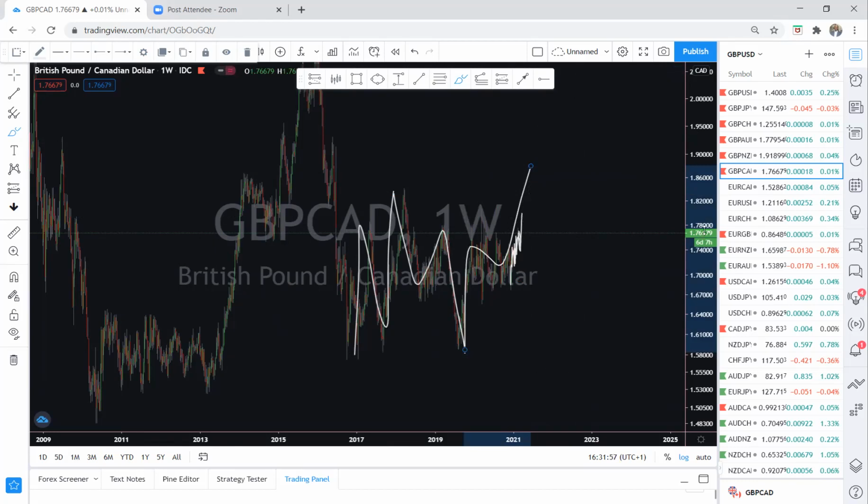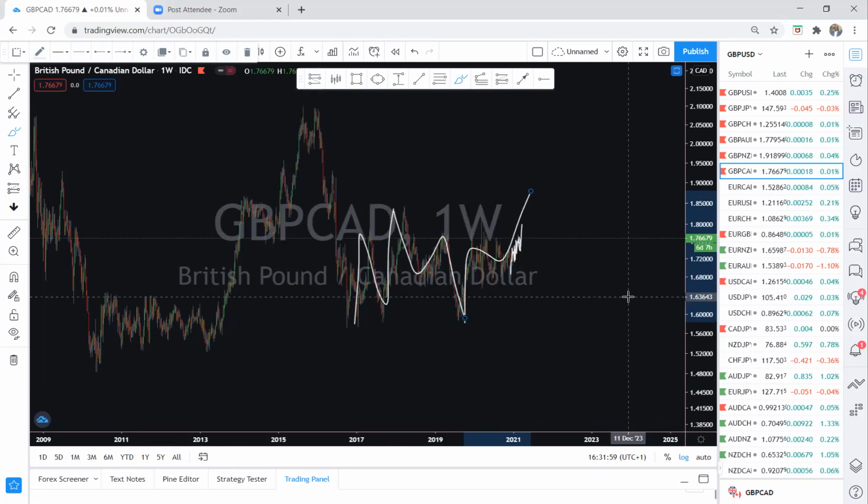Remember, for people that have little or no knowledge of Elliott wave theory, when a 3-wave pullback against the trend happens after an impulse, it is W. When 3 waves happen in the direction of the impulse, which is this one, it is the X wave.